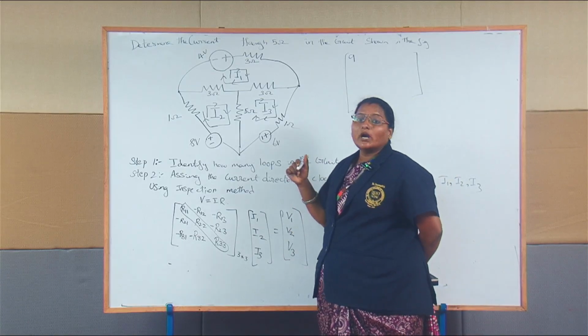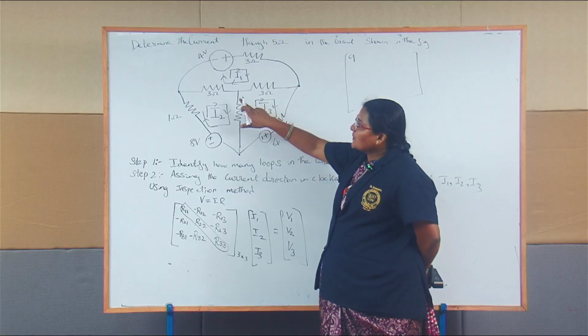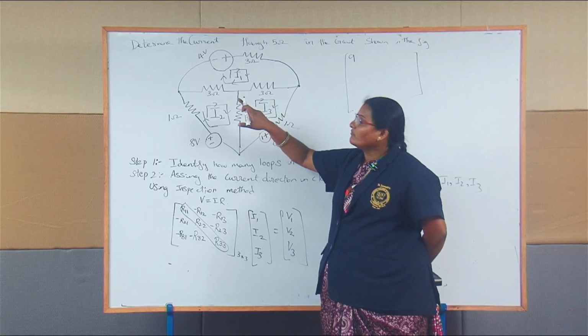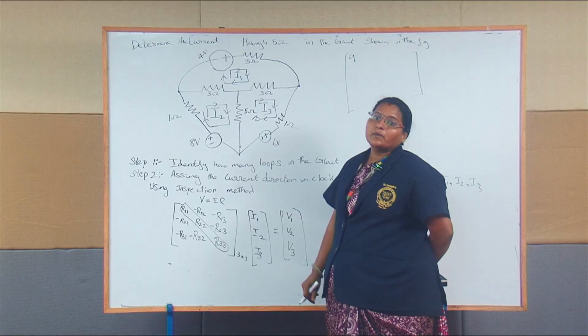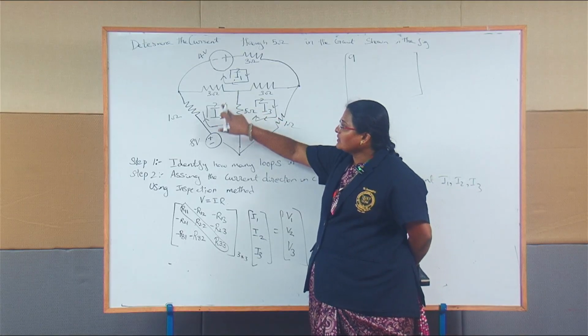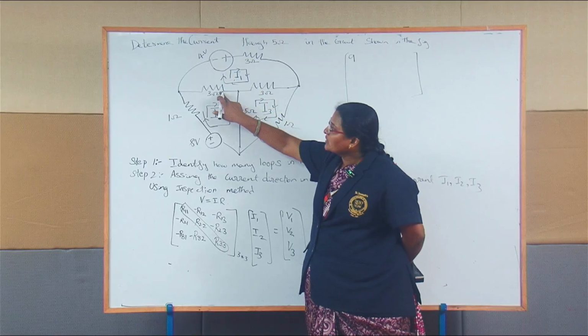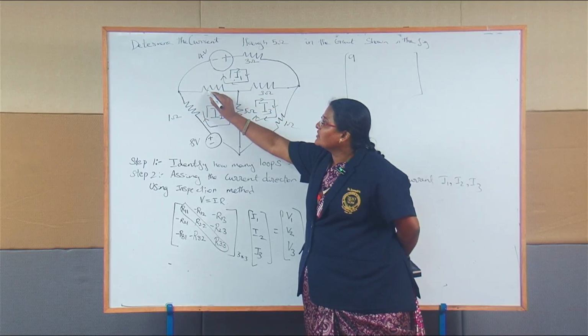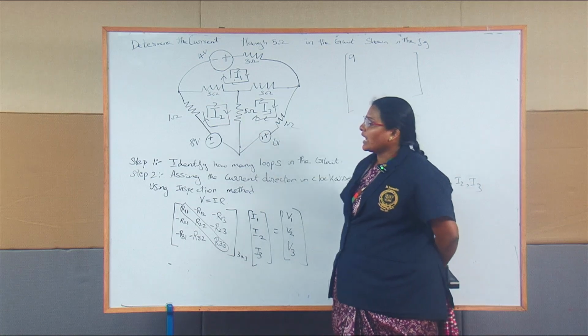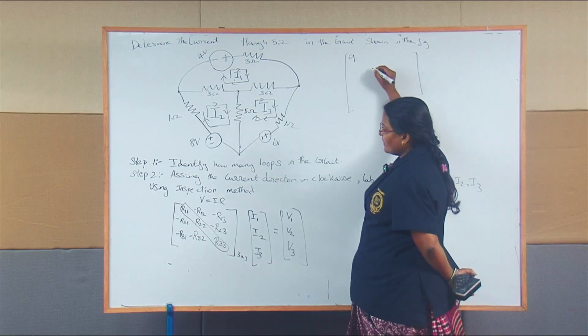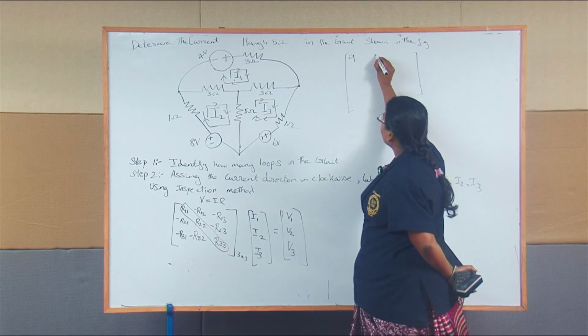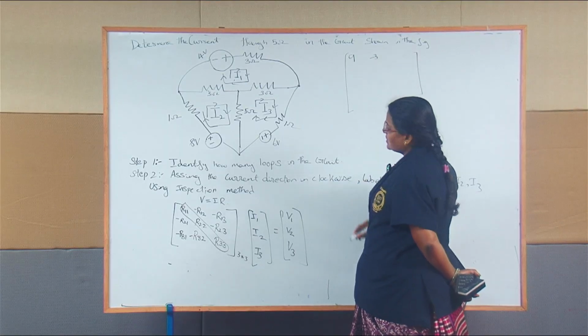Then R12. 12 means the resistor which carries both the loop currents. This is I1, this is I2. This 3 ohm resistor is shared by both loops I1 and I2. So as per your formula, this is minus 3 ohms.